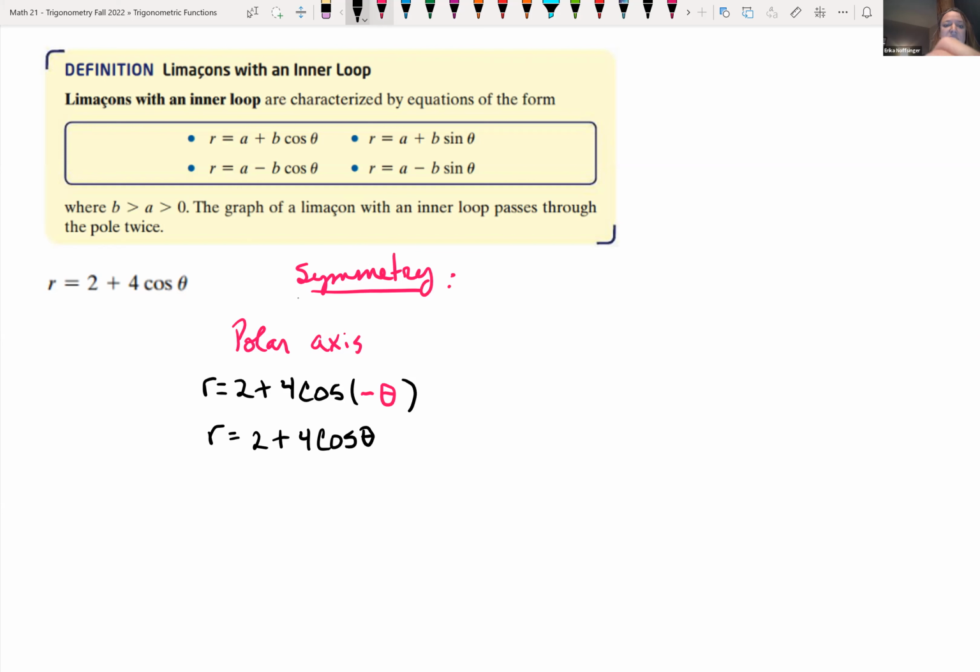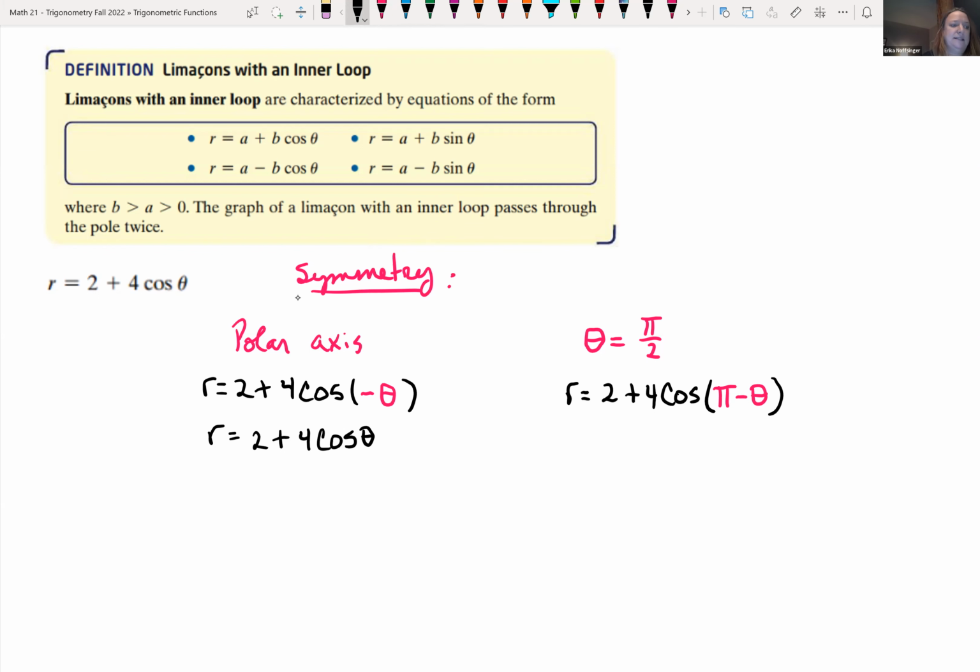So we can also test to see if it's symmetrical across the line theta equals pi halves. We could test this by plugging in pi minus theta for theta.